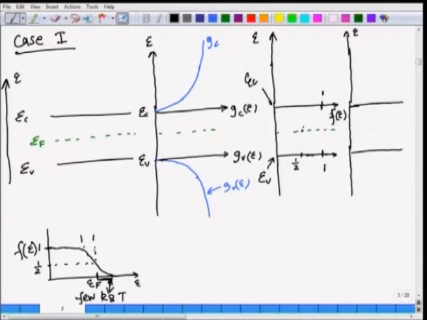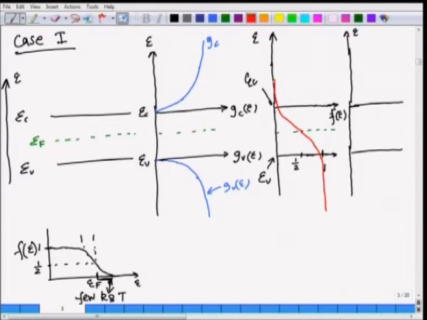So, let us use this red to plot f of E. It goes something like this. I have accelerated this picture: for all energies less than EF, this function tends to 1, and then it falls off.